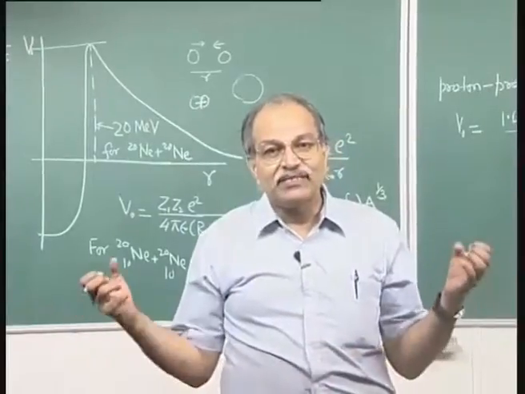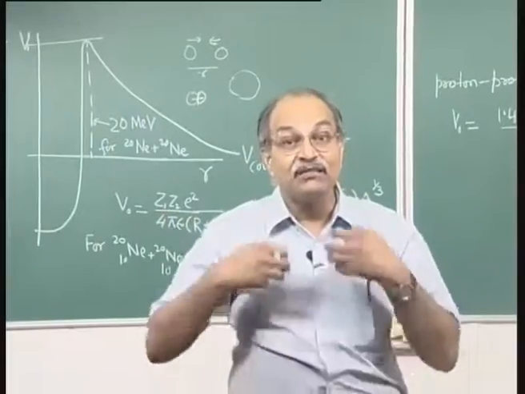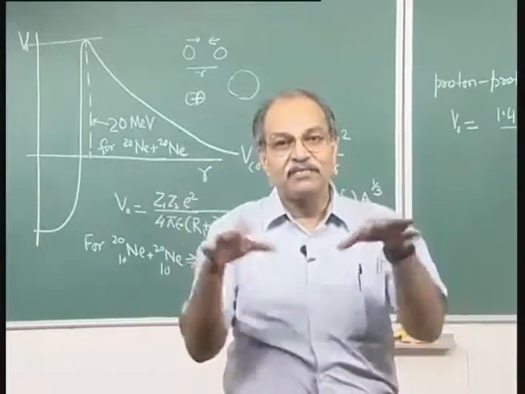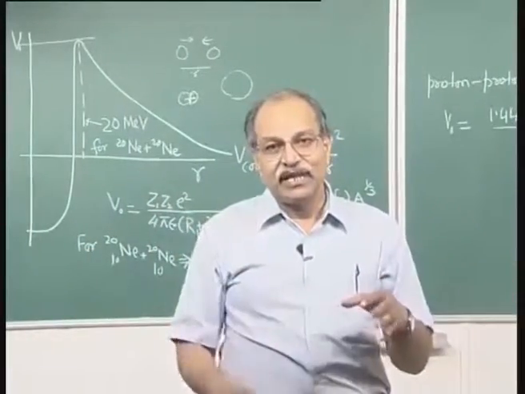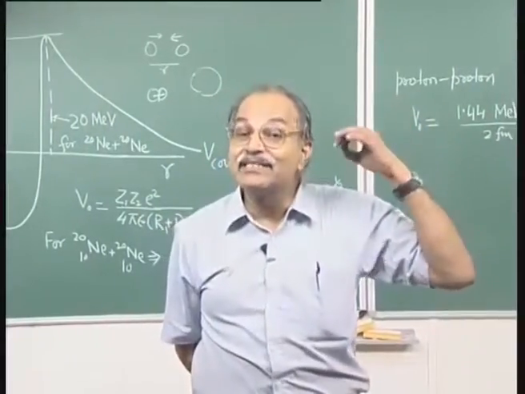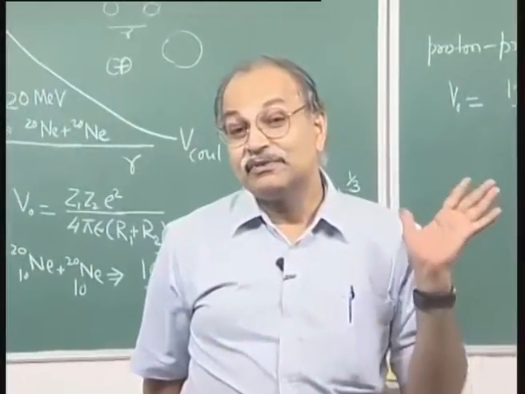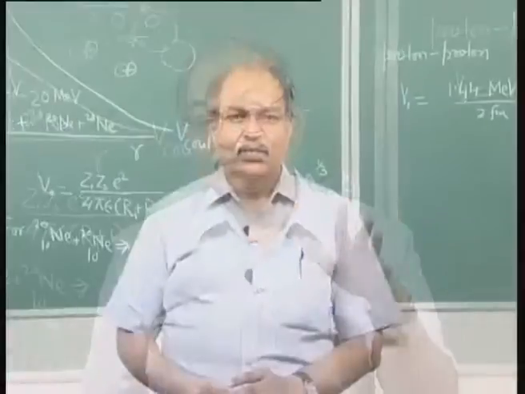To maintain that accelerator, to run that machine, a lot of electricity, a lot of power will be needed, and the output that we are going to get from this is negligibly small compared to what we give to run that accelerator.